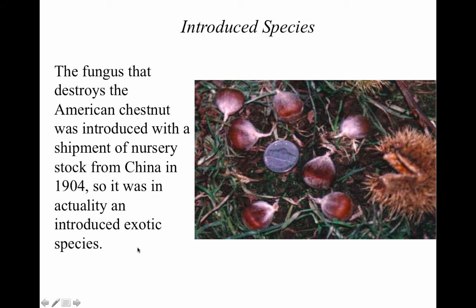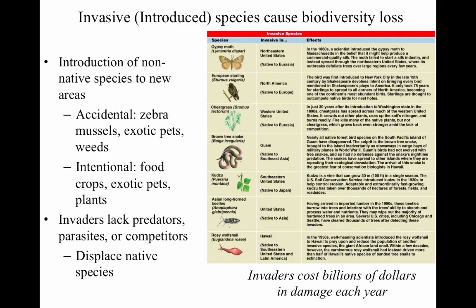Introduced species will also affect it. The fungus that destroys the American chestnut was introduced with a shipment of nursery items from China in 1904, so it's actually considered an exotic species, and the American chestnut was nearly wiped out by this fungus infection.